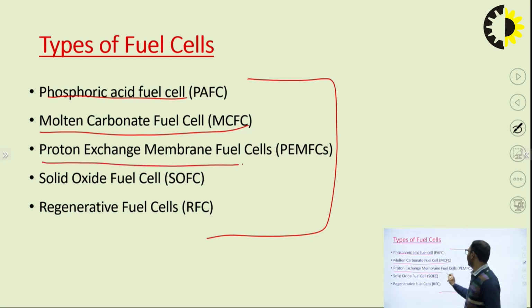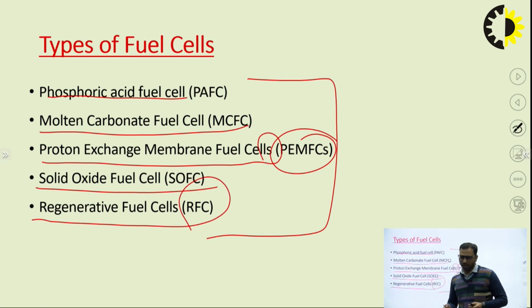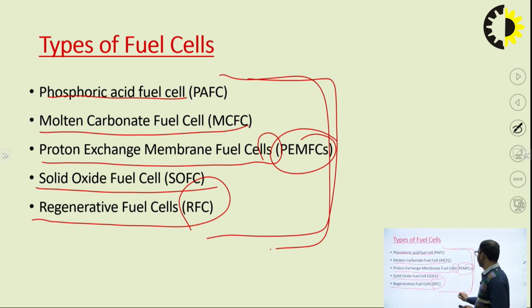Third is proton exchange membrane fuel cell, PEMFC. Then solid oxide fuel cell, SOFC, and the fourth is regenerative fuel cell, RFC.